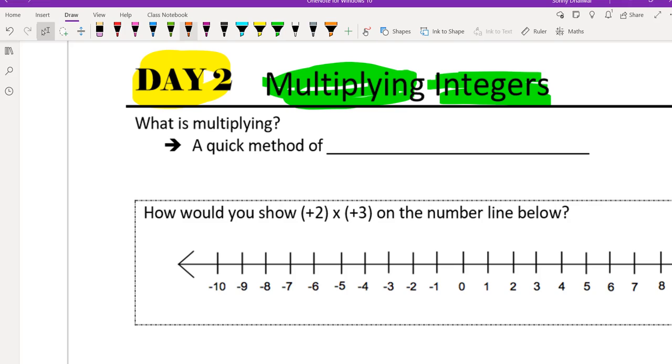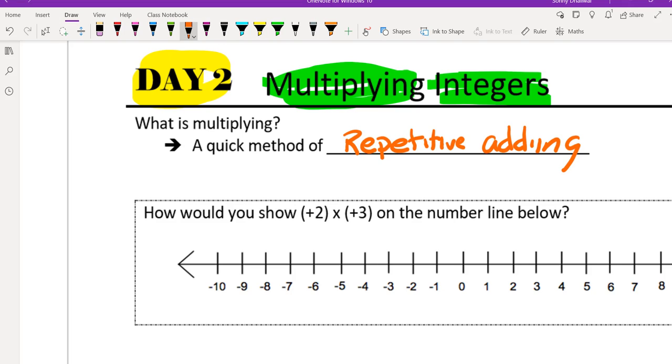So multiplying is just a really fast way of repetitive adding. So instead of skip counting by 2s, 2, 4, 6, 8, you can just say 2 times 4 is equal to 8, so you skip it 4 times.